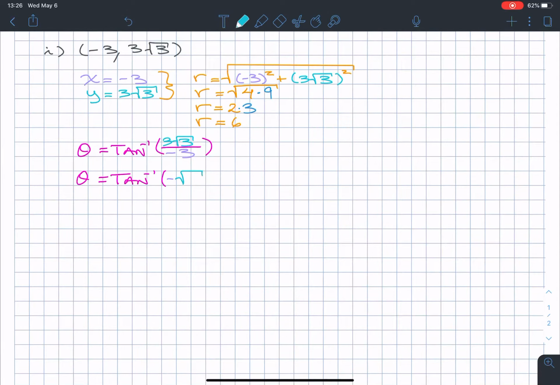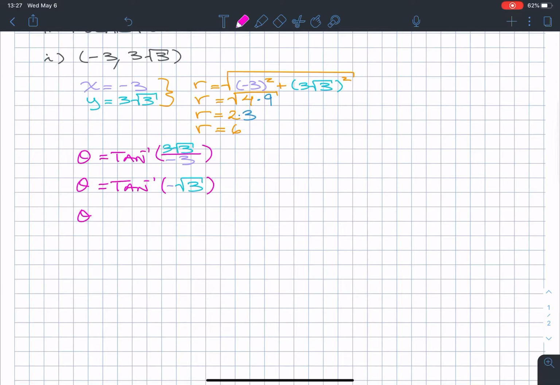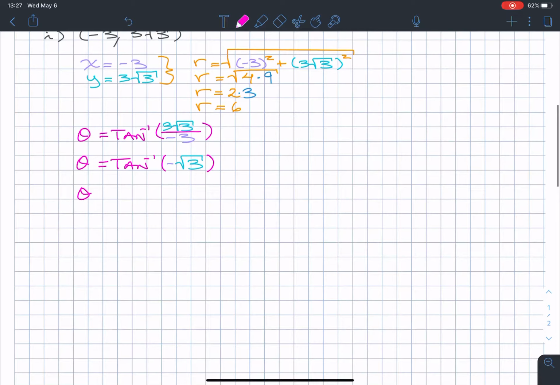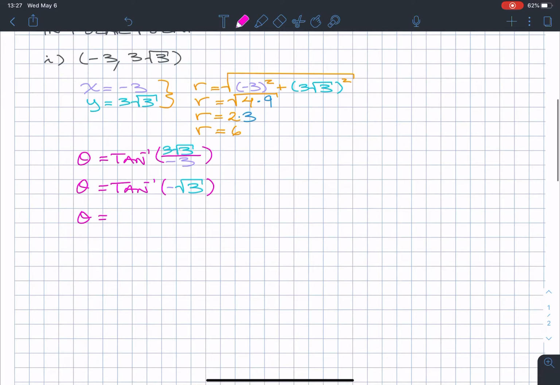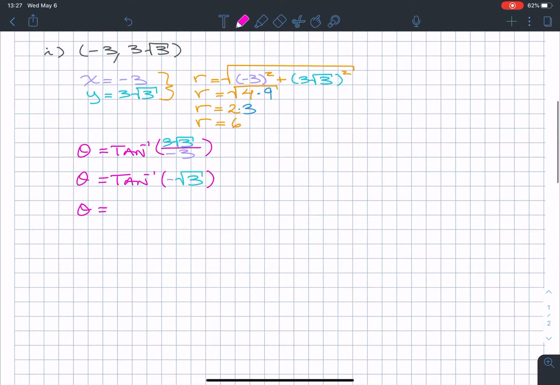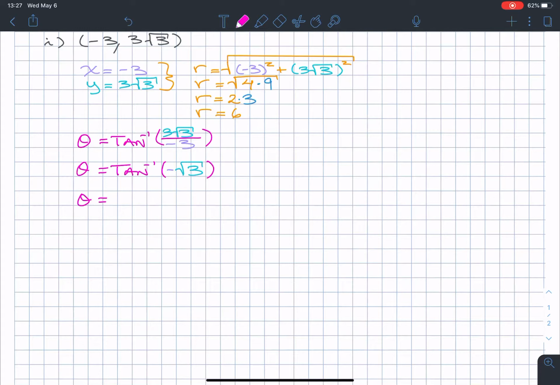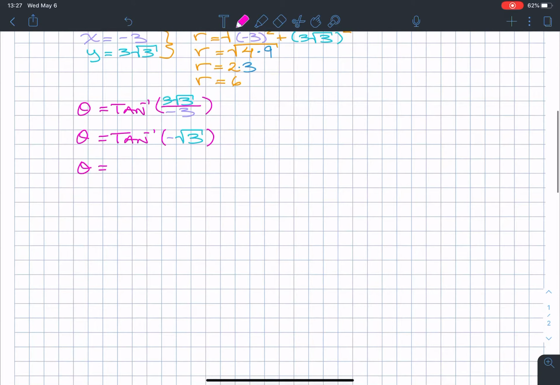Usually a negative tangent would mean I'm in quadrant 4. However, the point (-3, 3 root 3) is in quadrant 2. So I'm looking for the equivalent angle in quadrant 2 whose tangent is negative root 3. The y coordinate is larger, so usually that would be a 60-degree reference angle. In quadrant 2, that's going to be twice 60 degrees, or 2 pi over 3.